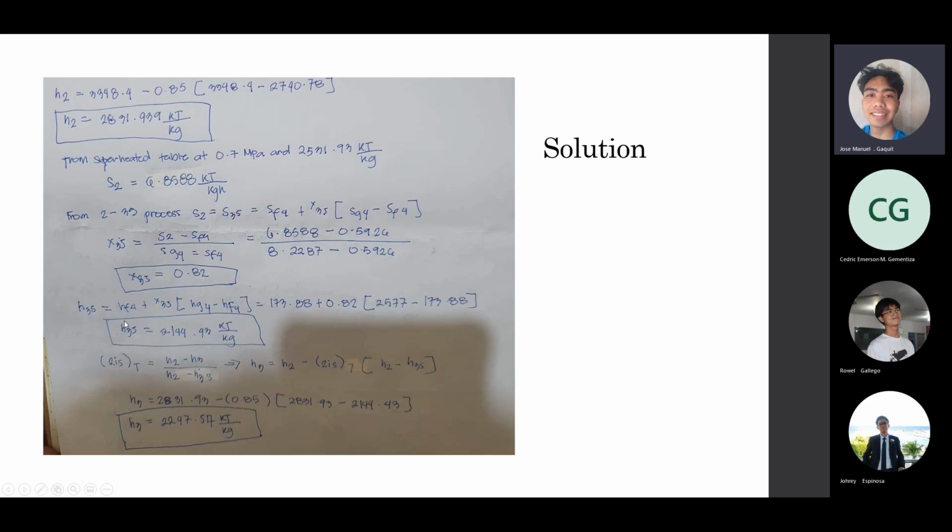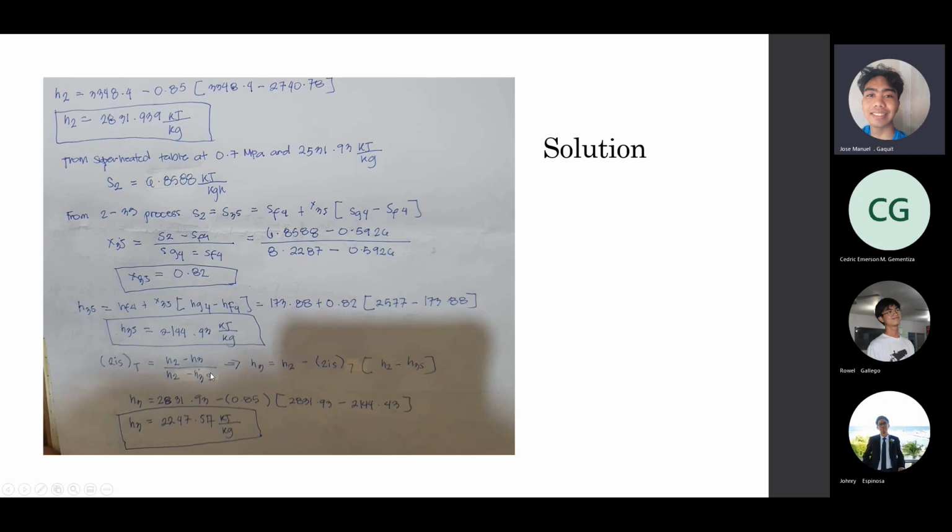Then we plug in the values using the enthalpy formula, where the H we're looking for is equal to HF plus the quality times HFG, which is basically HG minus HF. So we plug in the values and we get H3S, which is the isentropic enthalpy without the actual irreversibilities yet of the third state, at 2,144.43 kilojoules per kilogram.